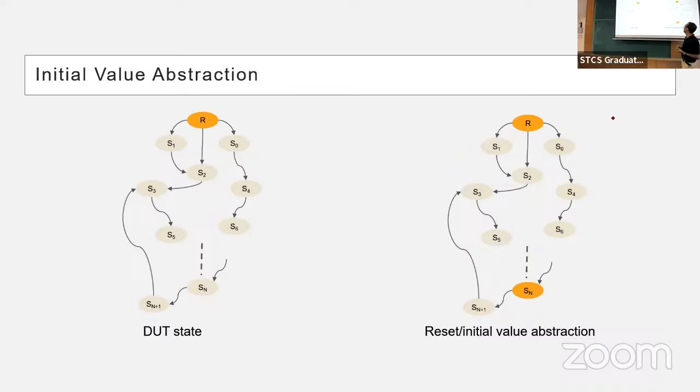Let's say we ran some checker and we got a bounded pass, and we are not able to see this condition.